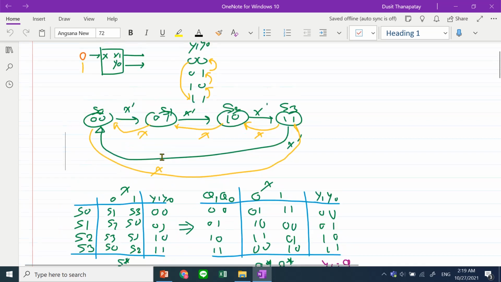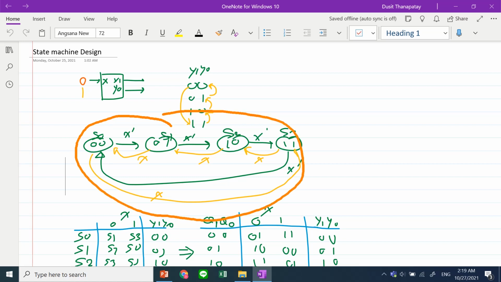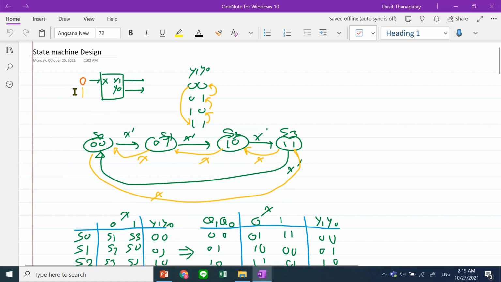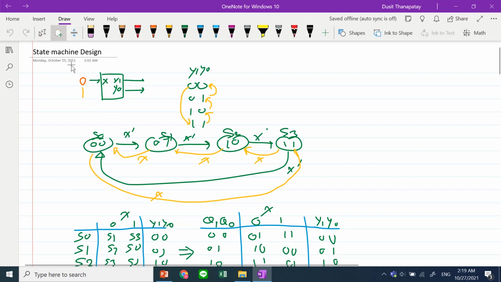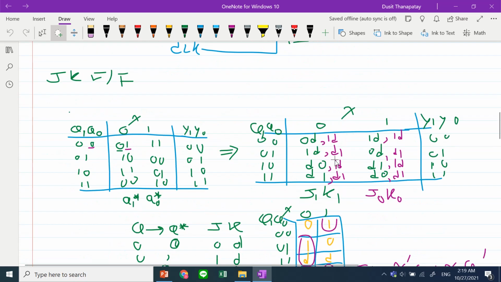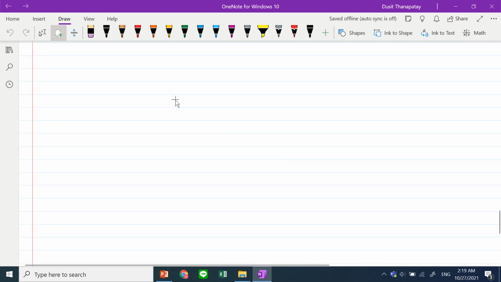But now I will show you how to design by using a state diagram. At first, let me copy this one, just for example.